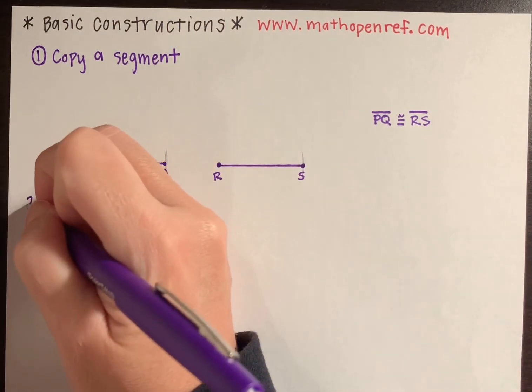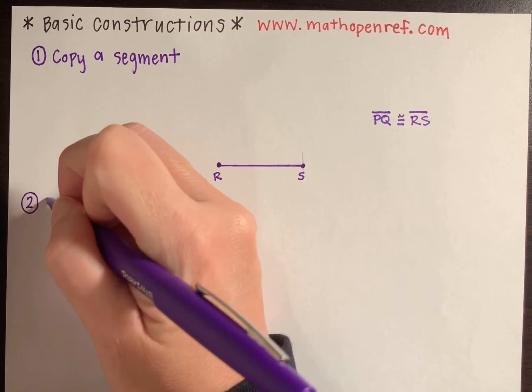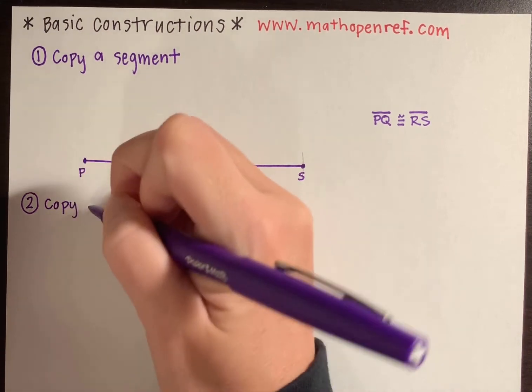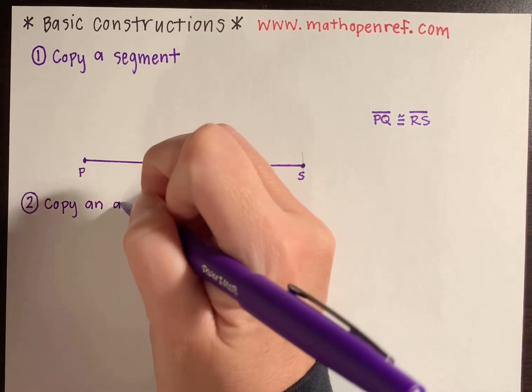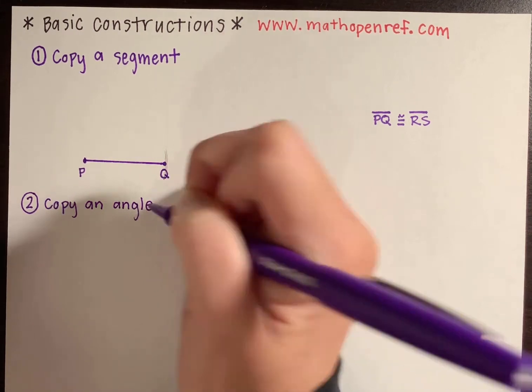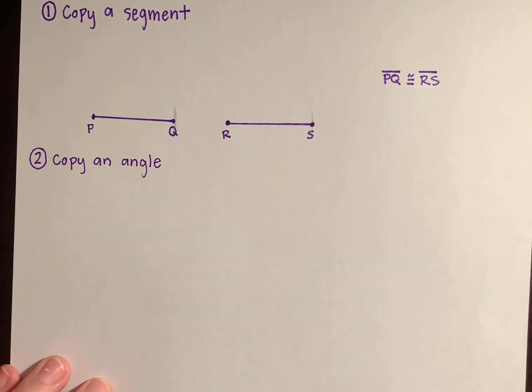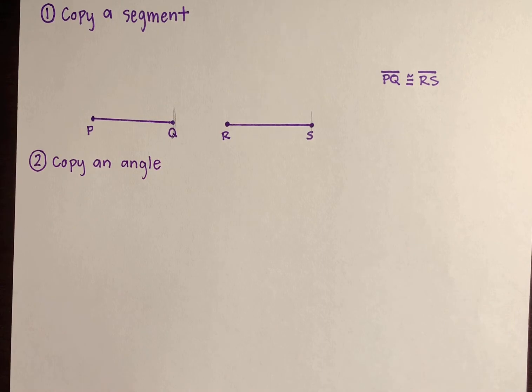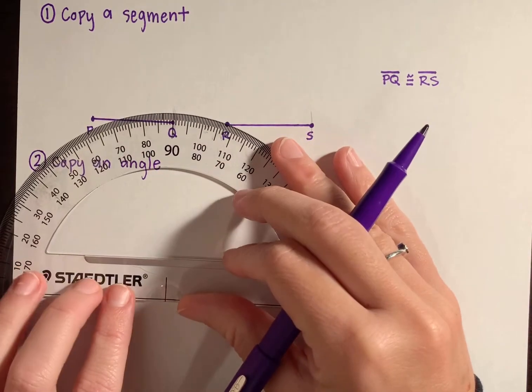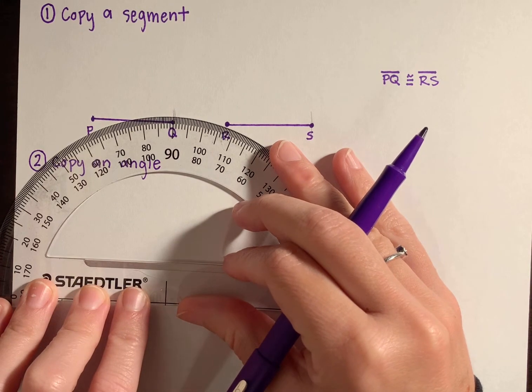We will also need to be able to copy an angle. So that's going to be our second thing. Just like when we copied our segment, this means we need an angle to copy. You can draw just a generic sized angle.